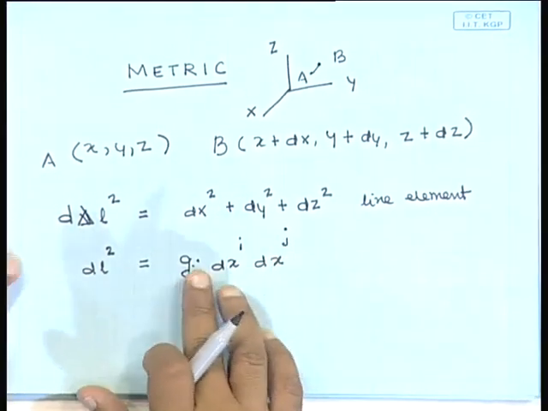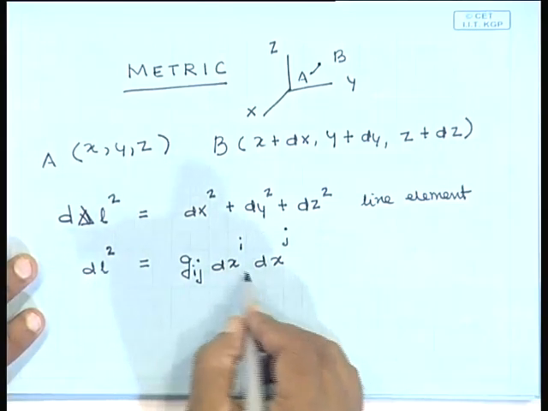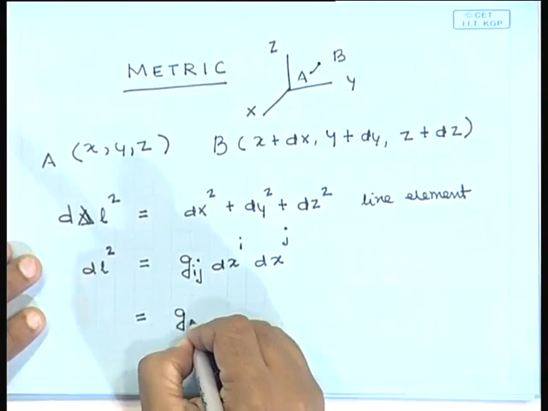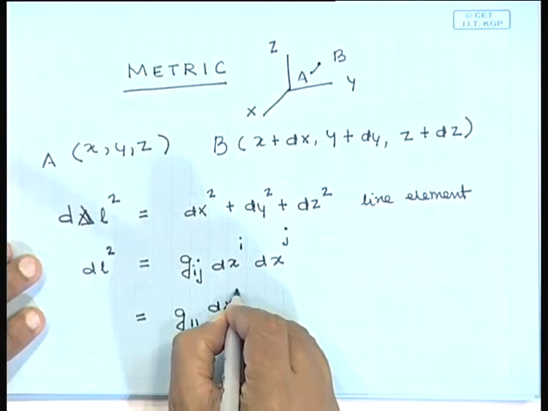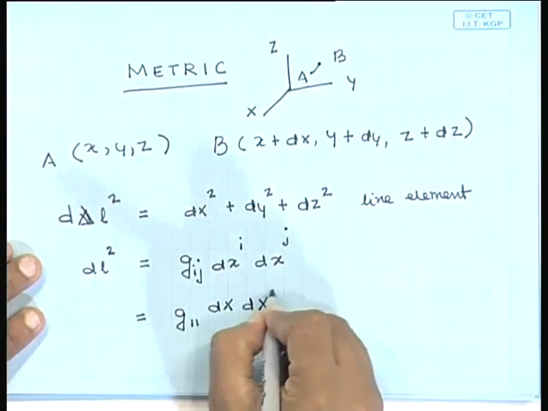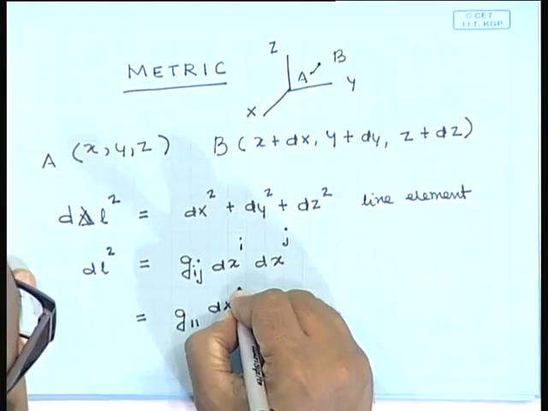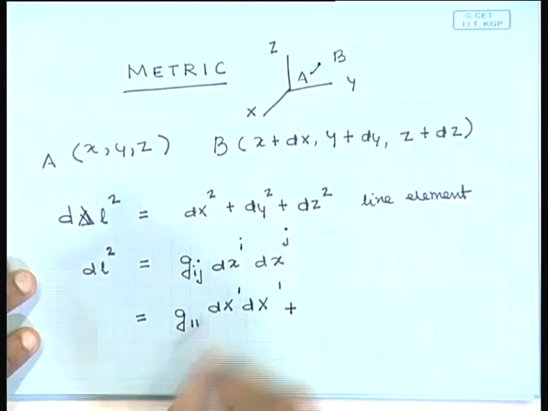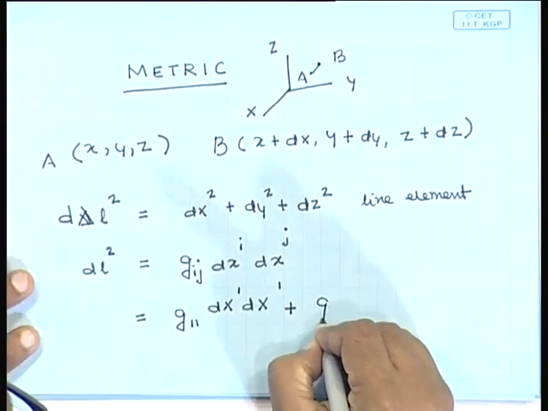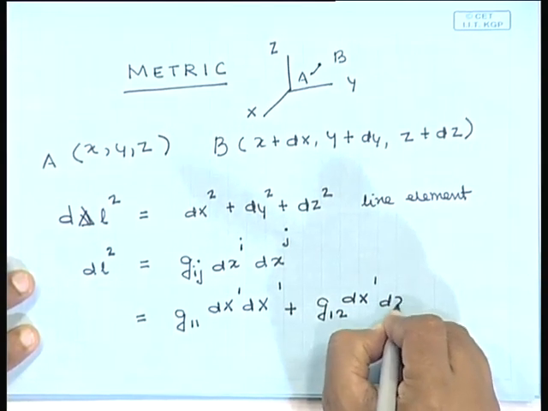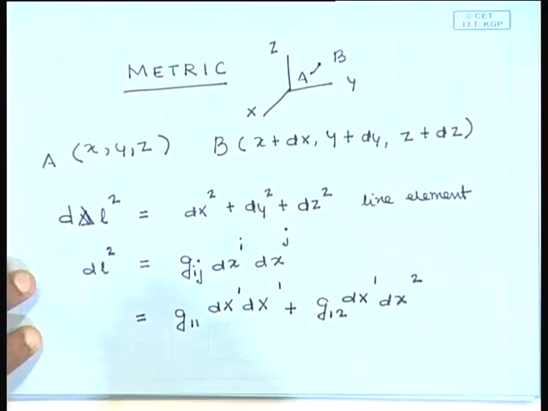We have to apply the Einstein summation convention because I and j both are repeated, and applying that we see that this is equal to G11 dx1 dx1 plus, now you have to sum over all possible values which I and j can take, G12 dx1 dx2, etc etc. So there will be more such terms.